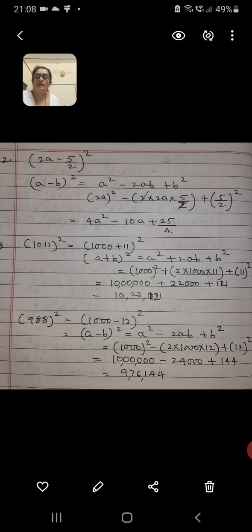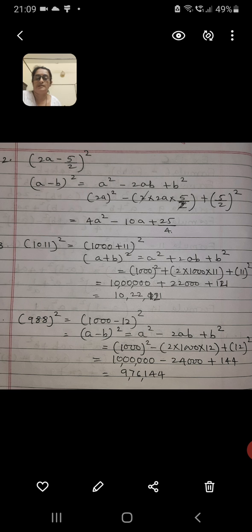Let us do one more, that is 2a minus 5 upon 2 the whole bracket square. Here we are going to use the next identity, that is a minus b the whole bracket square. So the identity is a square minus 2ab plus b square. 2a is a here, 5 upon 2 is b here.